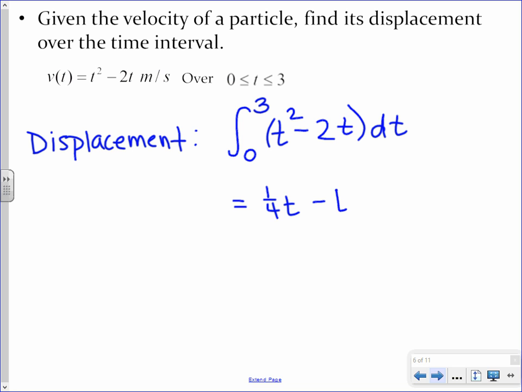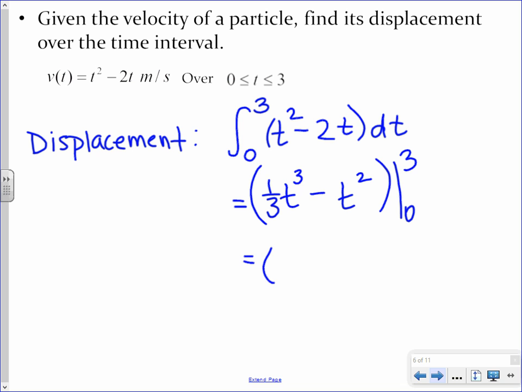I wrote it down wrong. It's t squared minus 2t. So let's start over. Let's try this again. Good. And then we have to evaluate this from 0 to 3. Thank you for catching that, Jake. Good job, Jake.